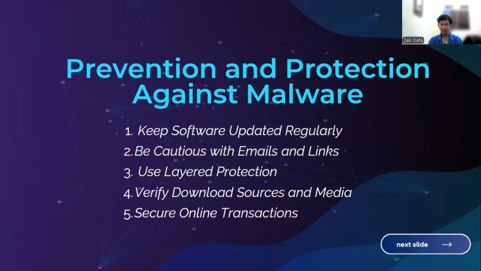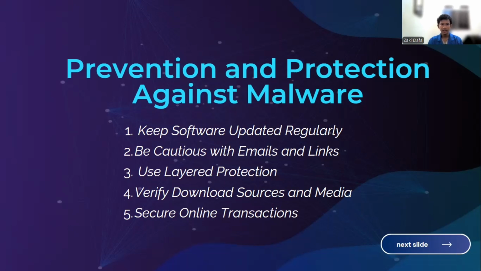And step two, be cautious with email and links. Never open attachments or click suspicious links from unknown senders. Treat spam email as a potential threat and always scan attachments before opening them.